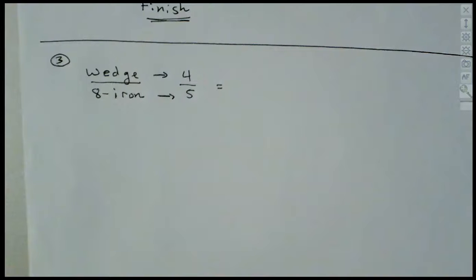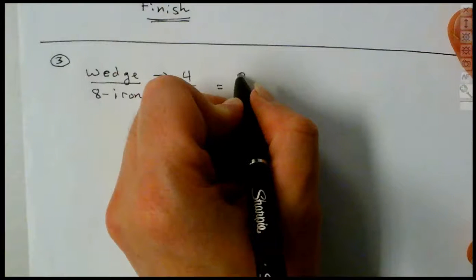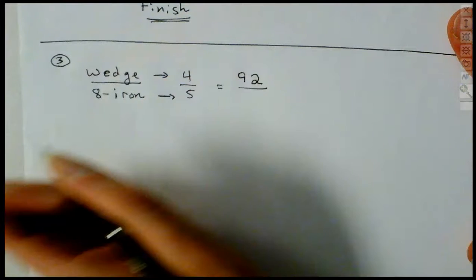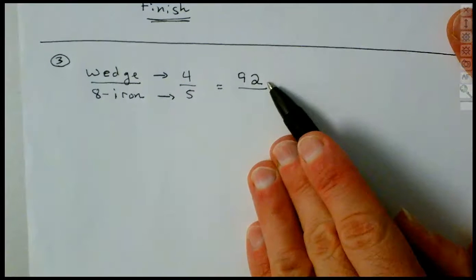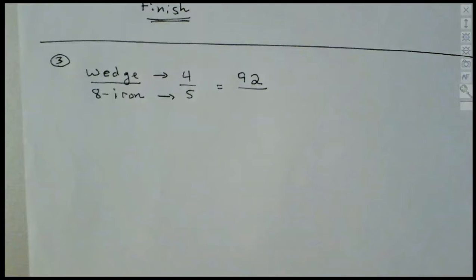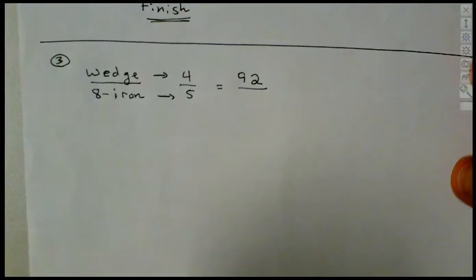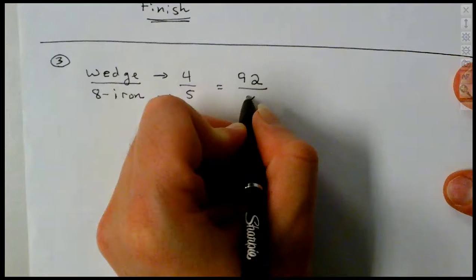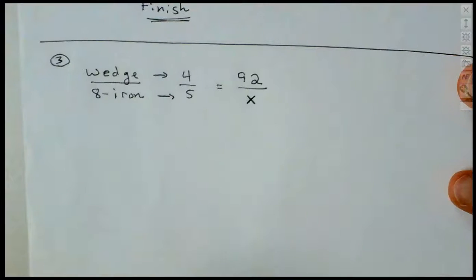Now we need to find our distances. So if a golfer averages 92 yards with the pitching wedge, that's going to go here, because that's how many yards you can do with the pitching wedge. So it goes on top. What do we not know? Or what do we want to find? We want to find that average with an 8-iron, and so that's our unknown, and that's going to be the X there.